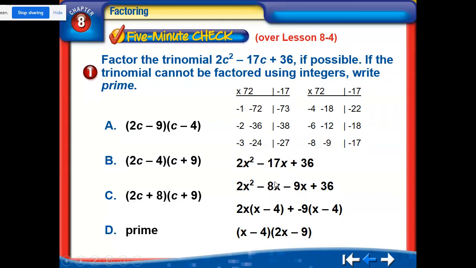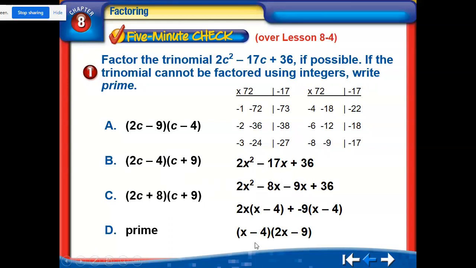You have to be ready for that. So 2x squared minus 8x minus 9x plus 36, because I split the b here with that negative 8 and negative 9. 2 divides both of these, so it's 2x, and we get x minus 4 left. 9 divides both of these, and x minus 4. So x minus 4 and 2x minus 9. So this one does work. It is not prime.